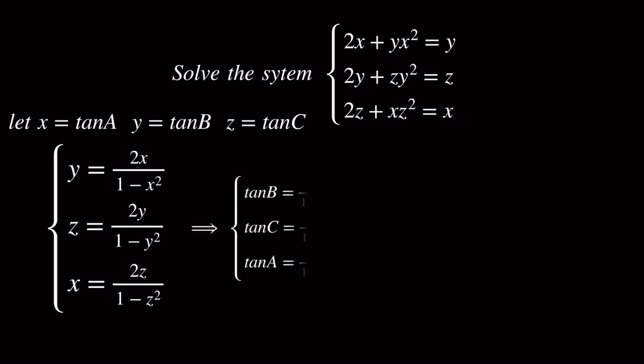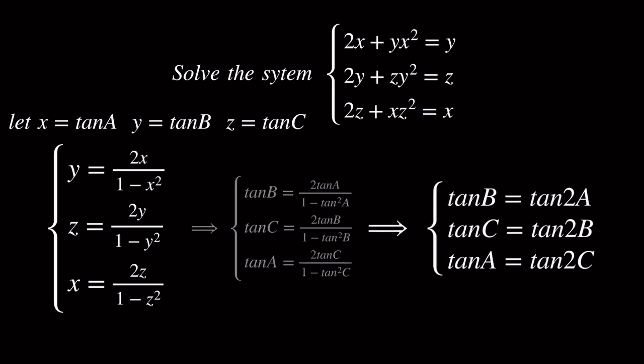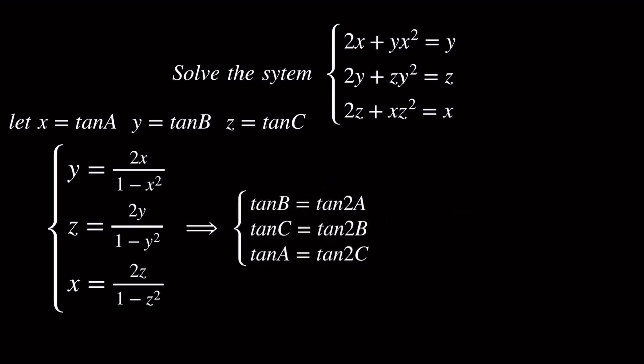So substituting that in, and once again from the tan double angle identity, we have that tan B equals tan 2A, tan C equals tan 2B, and tan A equals tan 2C.